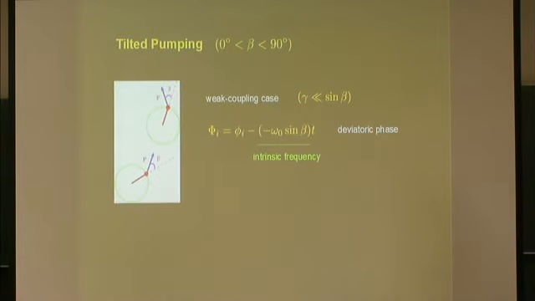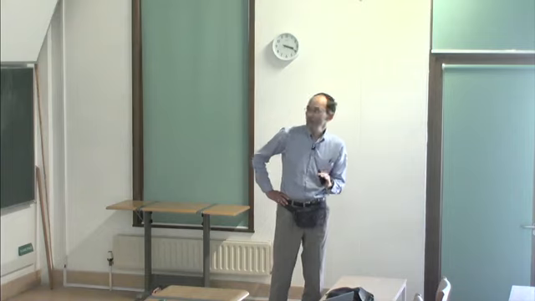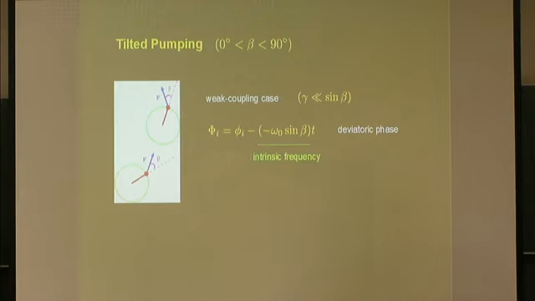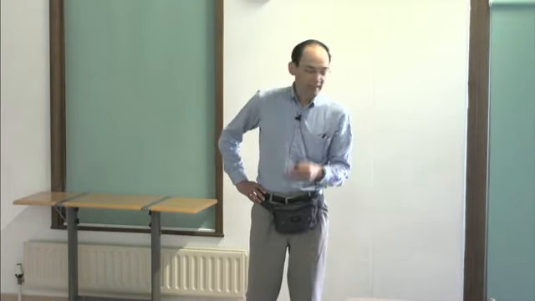Now we tilt the pumps by a constant angle beta. So every rotor has the same tilt angle beta rather than 0. Then we can assume that the coupling constant is smaller than sine beta. This means that the torque created by the interaction is much smaller than the self-driving torque due to the tangential component of the pumping.